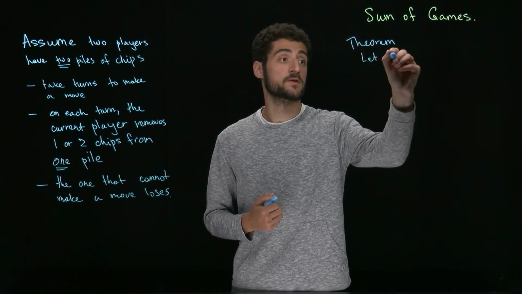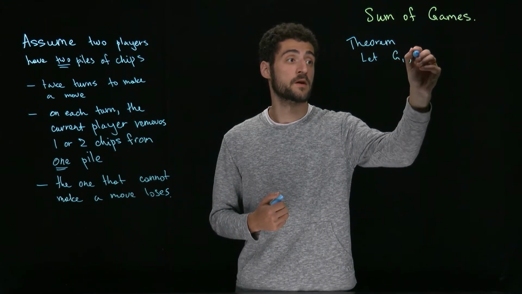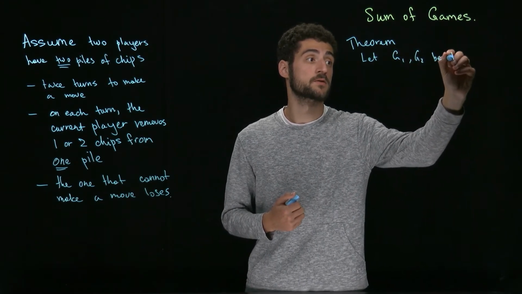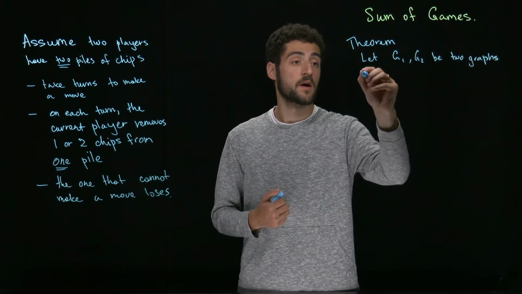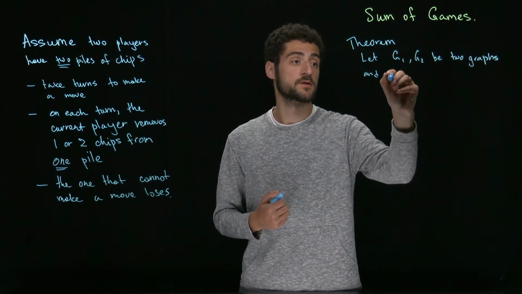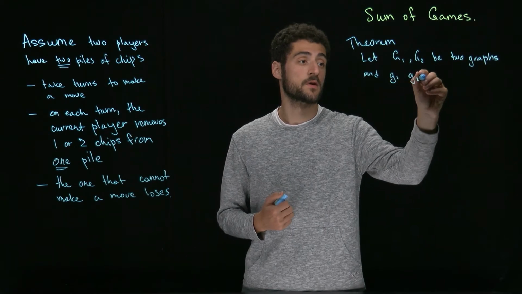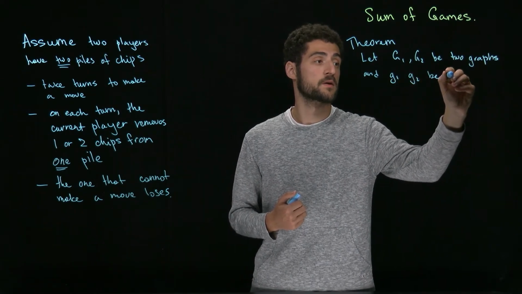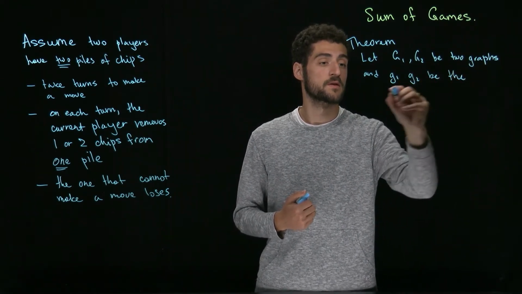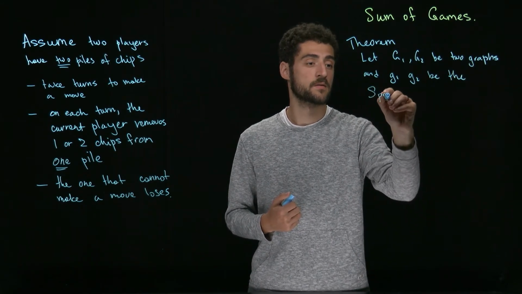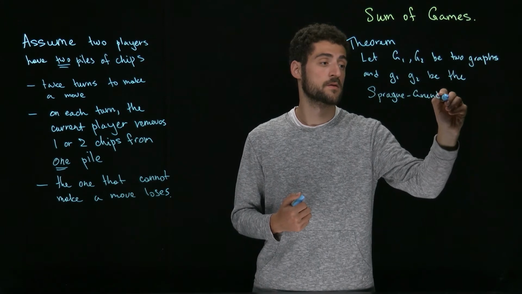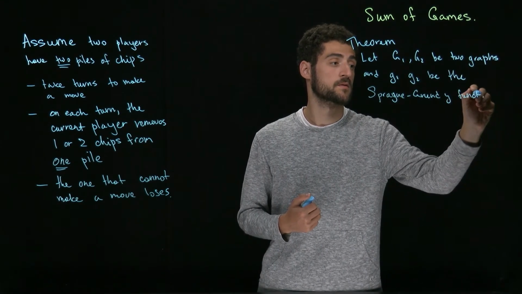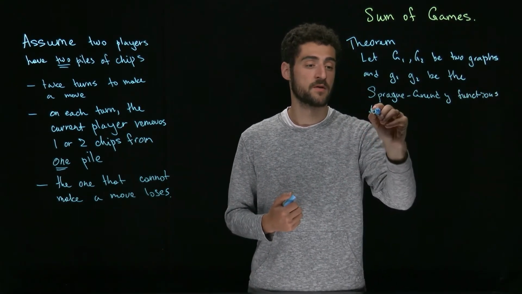So let G1 and G2 be two graphs, and g1 and g2 be the Sprague-Grundy functions for them respectively.